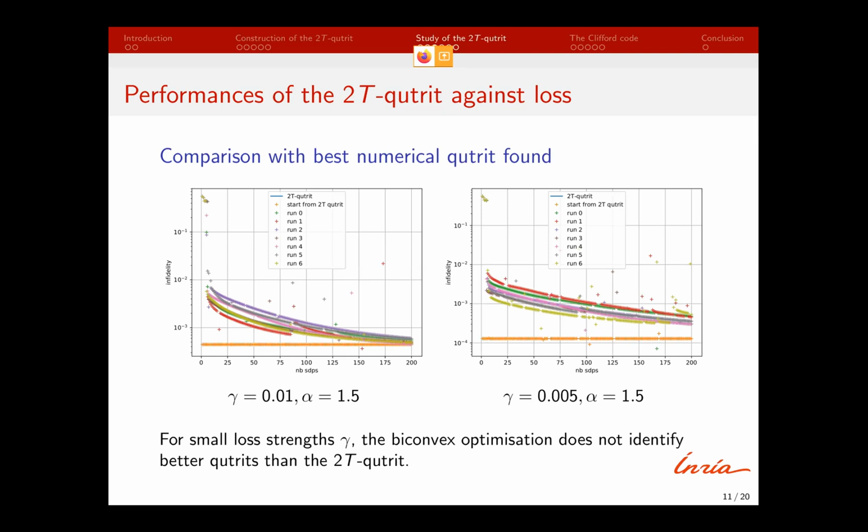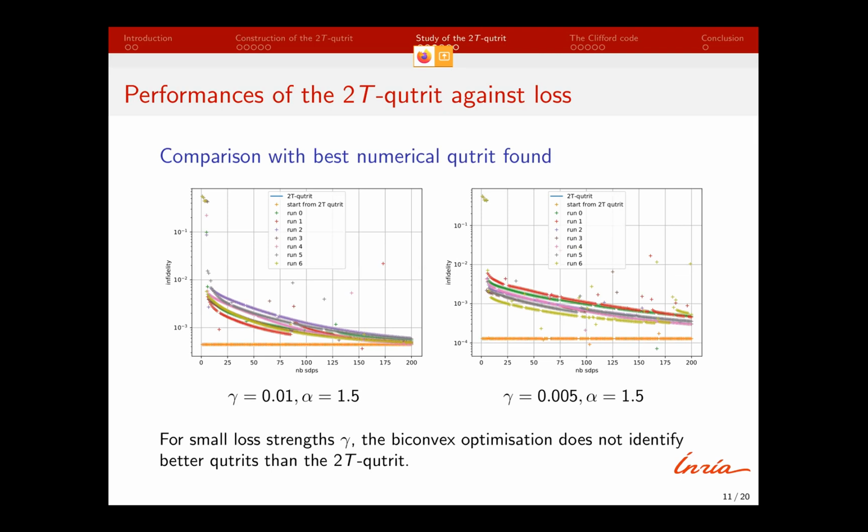And so what we obtain is that when the loss strength is small, so when there's not too much loss, the biconvex optimization does not identify better qubits than the 2T-qutrit within this 24-dimensional space, which suggests that it's performing well in that case.